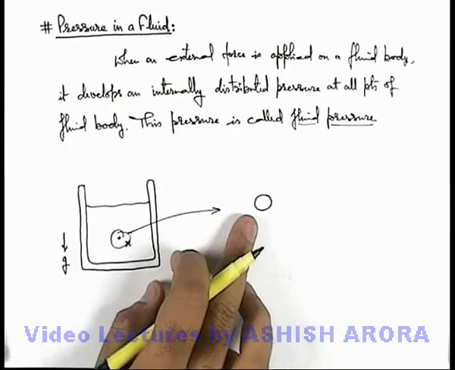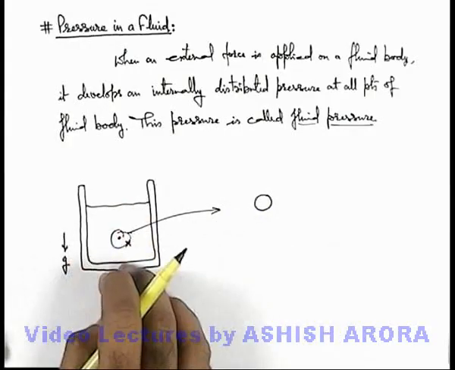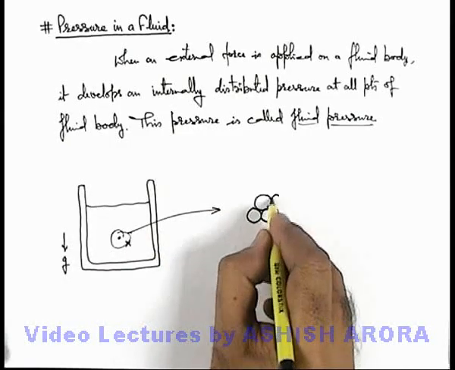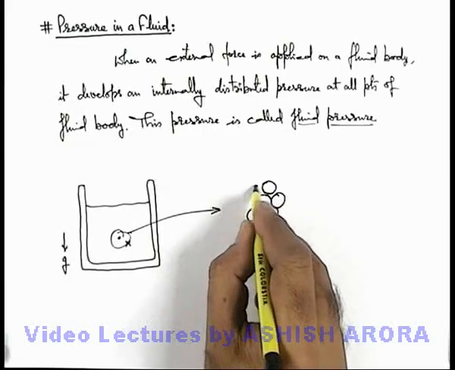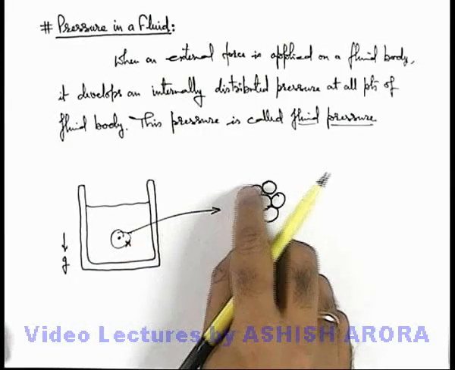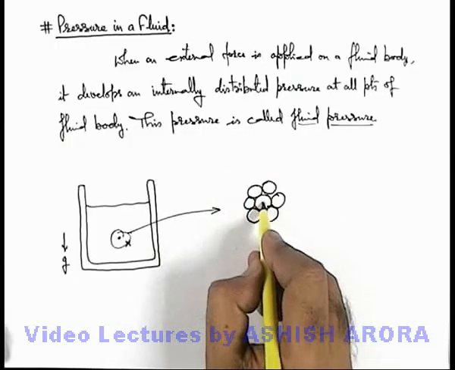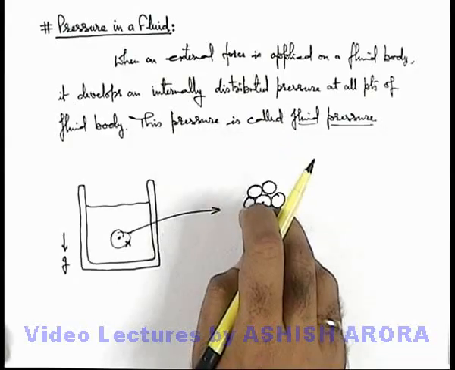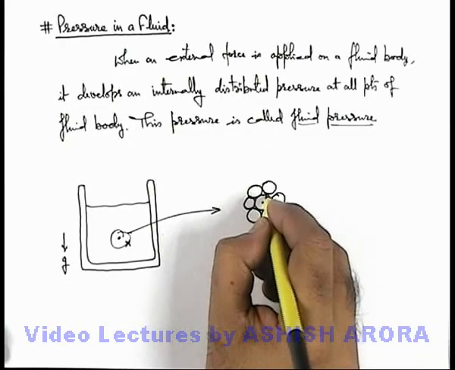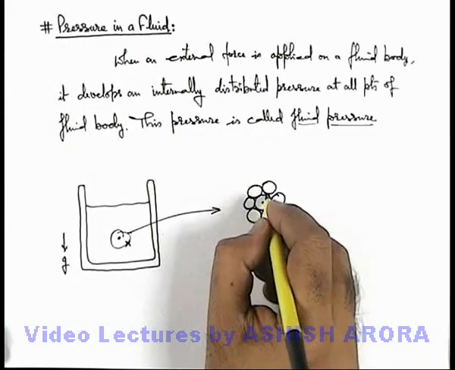there's a particle of the liquid which is surrounded by similar particles in this manner, which are also in contact with it. All those particles which are above the point X, due to the weight of the upper liquid, will be pushing this particle in an inward direction as there are contact surfaces.